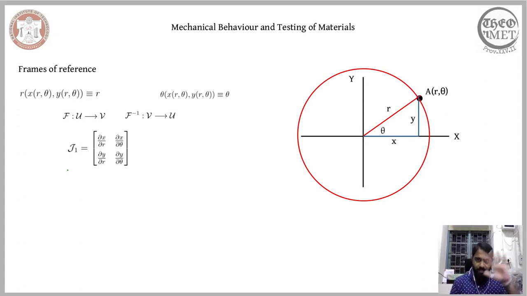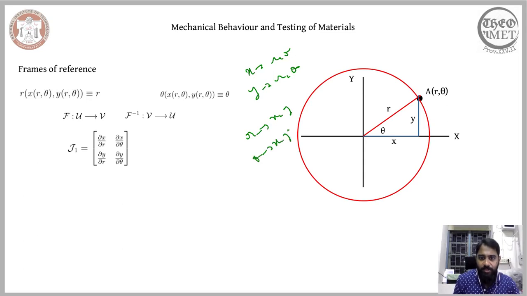We proved that the Cartesian is the inverse of spherical, and in order to prove that, we used the relations between x and r, theta, y and r, theta, r with respect to x, y, and theta with respect to x, y. So we used all these relations to prove that the spherical and the Cartesian coordinate systems are inverse of one another. What if these relations are not known to us?